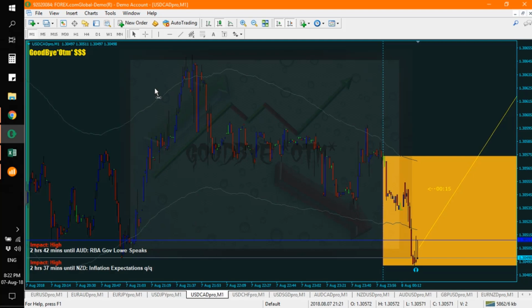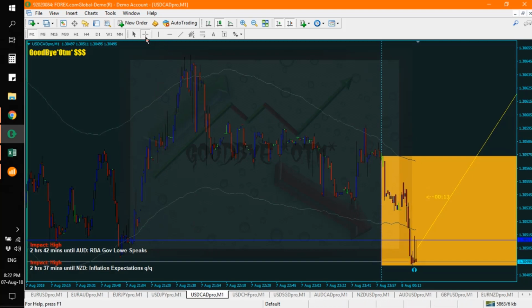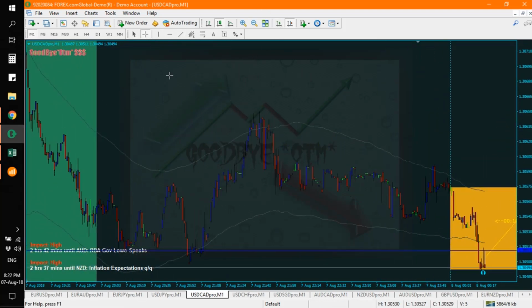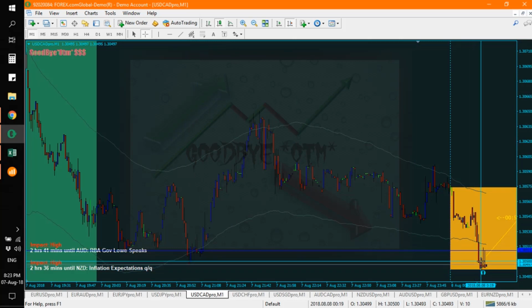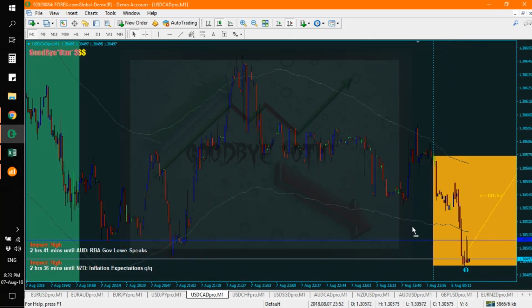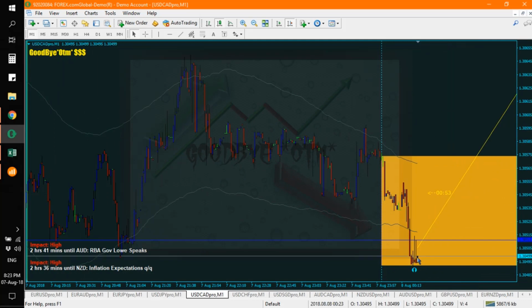Also, don't forget to double check for any support and resistance levels. And I can see right here we have a support area in this place over here. As you can see, the price has touched and is testing this zone, so there's a higher chance for a pullback 30 minute trade.